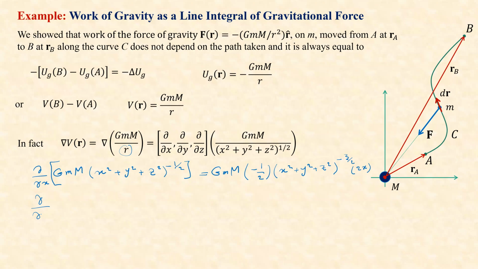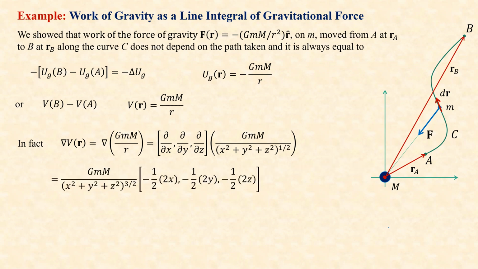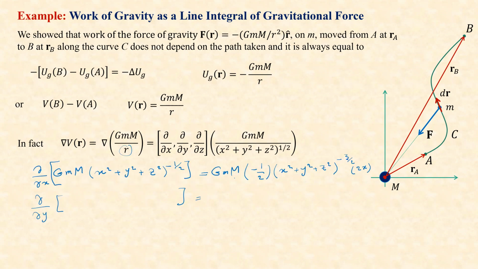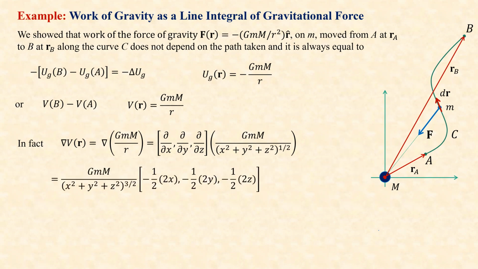The derivative with respect to y of the same thing gives the same thing, but instead of 2x you get 2y, and the same for the third one. So if you factor out all these GMm and x squared plus y squared plus z squared to the power negative 3/2, it becomes GMm over x squared plus y squared plus z squared to the power 3/2.